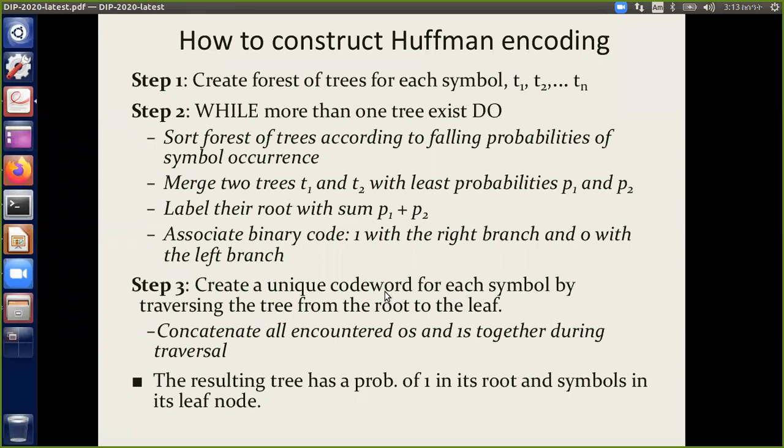To do so, we traverse starting from the root, following the path until we reach the leaf node where we find the given symbol. All the bits at every branch are concatenated from the root node to the leaf node. That gives us a bit representation for every symbol.